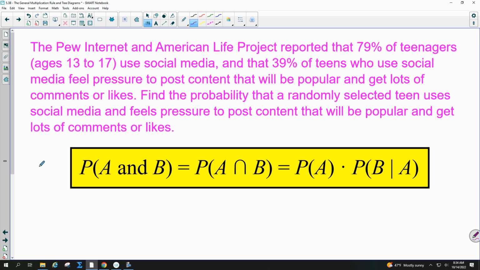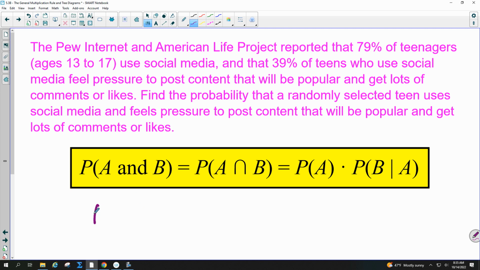So the Pew Internet and American Life Project reported that 79% of teenagers aged 13 to 17 use social media, and that 39% who use social media feel pressure to post content that will be popular and get lots of comments or likes. Find the probability that a randomly selected teen uses social media and feels pressure to post content that will be popular and get lots of comments or likes.